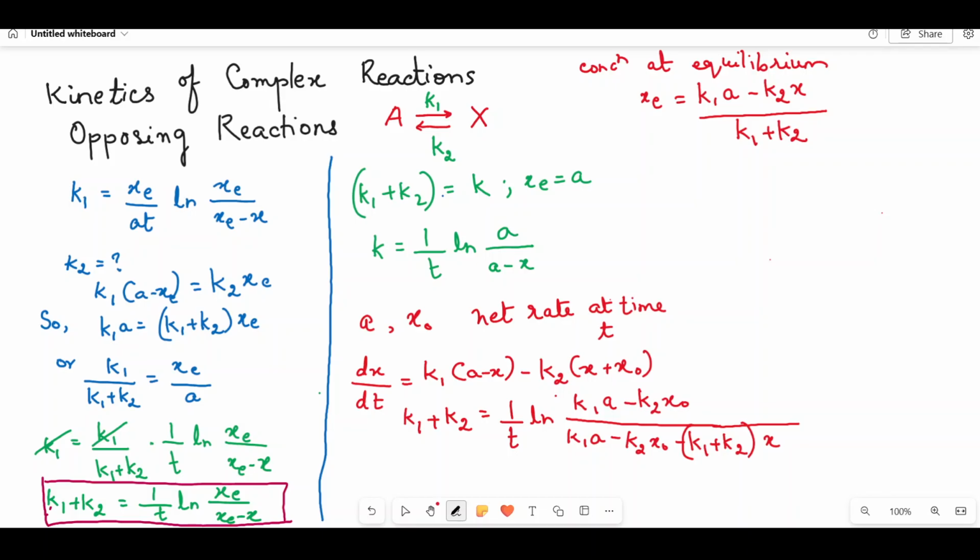So this above equation further reduces to K1 plus K2 is equal to 1 by t ln of Xe divided by Xe minus X.